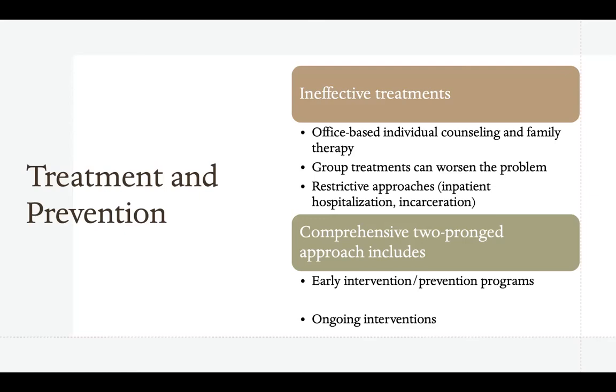So not all of a sudden putting them in an office or in family therapy or group treatments or any type of restrictive approach, but education that continues throughout, whether it's preschool or elementary school, high school, etc., to hopefully lessen the symptoms so it's not severe, and hopefully that they don't go on a lifetime path where again there's a worse prognosis.